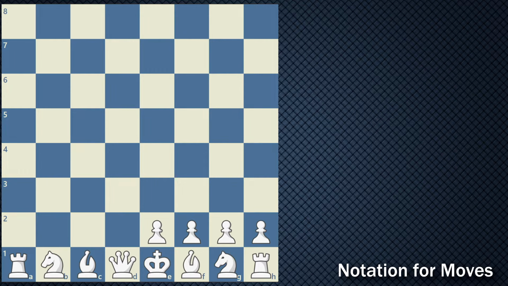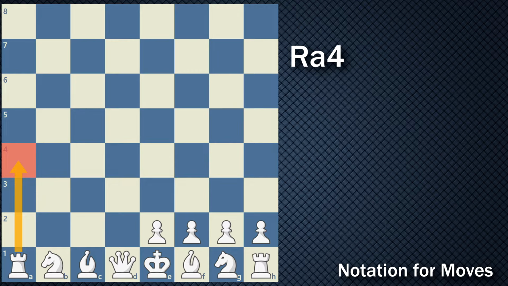I'm going to show you a couple of examples of how moves are recorded. If I want the rook to move to a4, I write capital R, lowercase a, and 4.